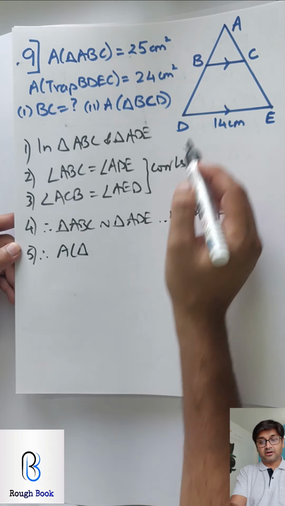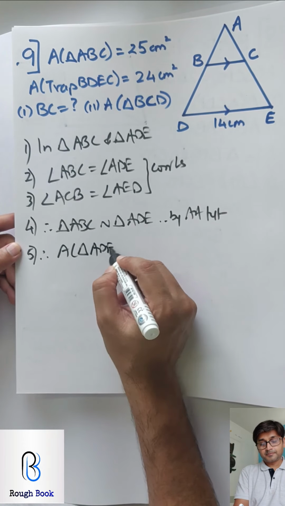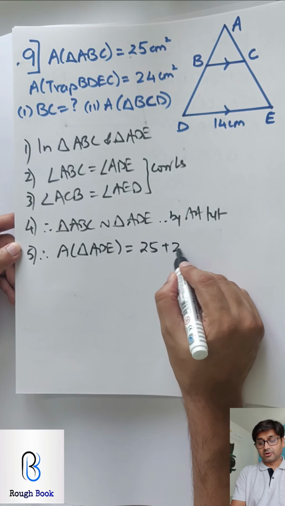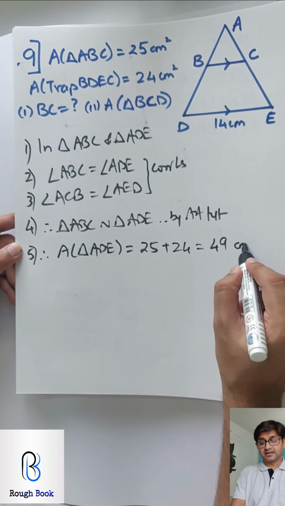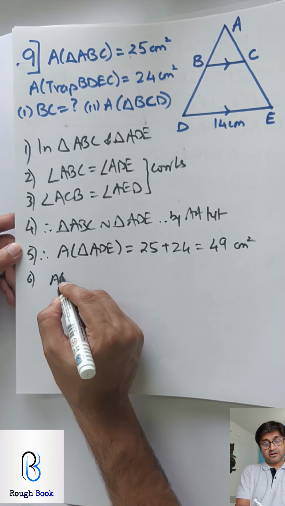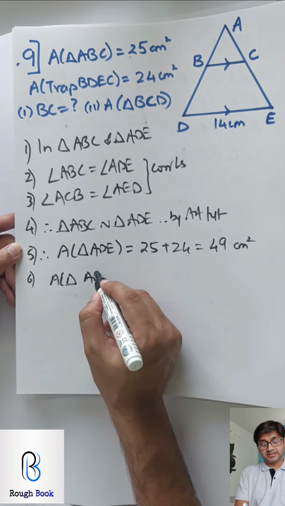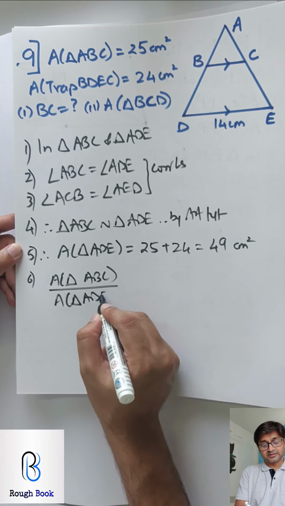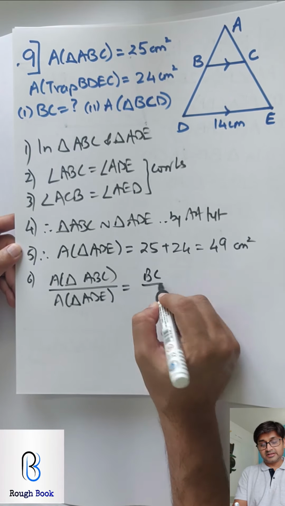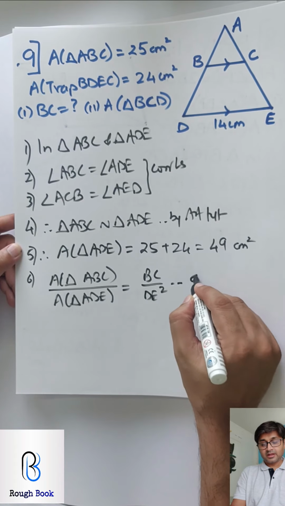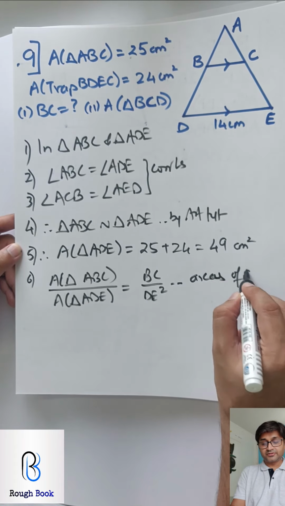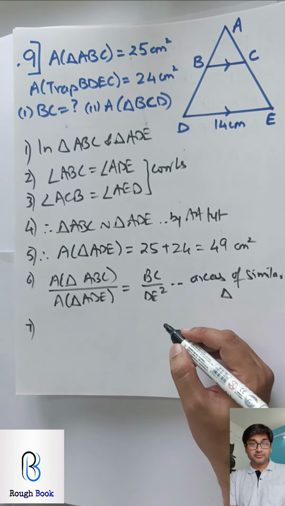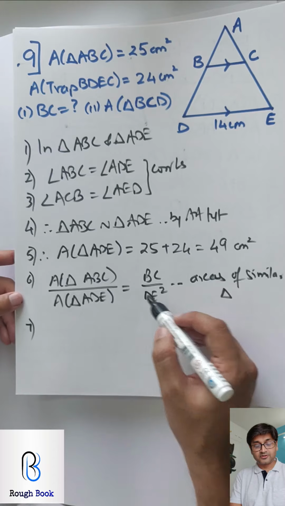So first I'll say area of triangle ADE. That is going to be this 25 plus this trapezium 24, a total of 49 centimeters square. And now I can say area of triangle ABC upon ADE. Since the triangles are already similar, I can say BC upon DE square, areas of similar triangles. Now substitute the values.